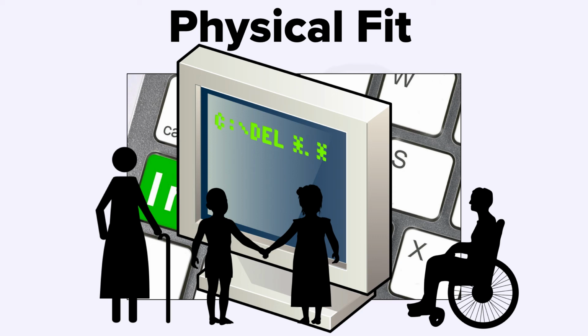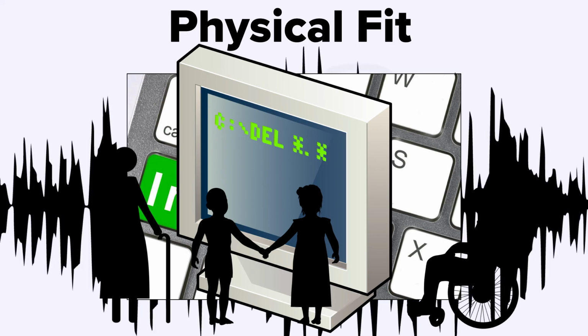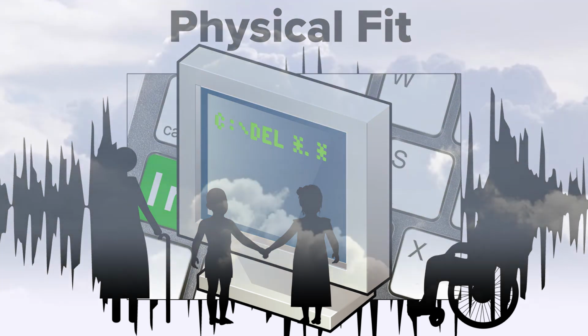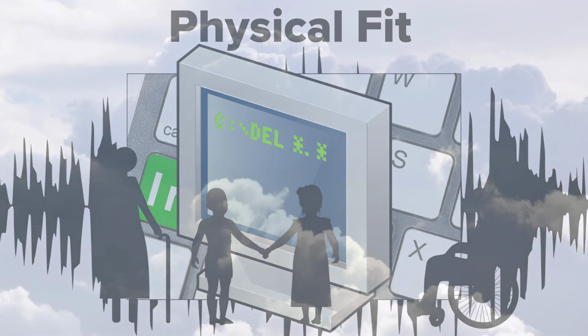Physical fit even covers matching devices to where we physically use them, being mindful of factors like background noise and the climate of the room or environment where we're using our given tool for a particular task.